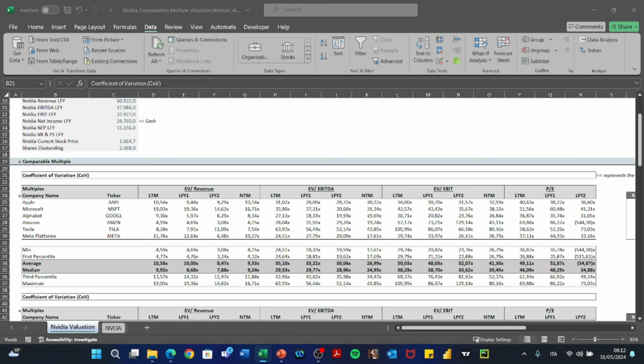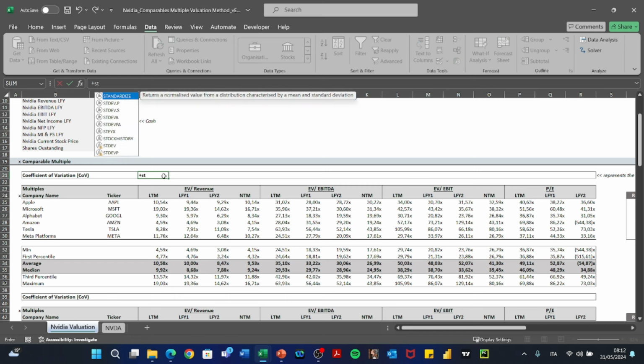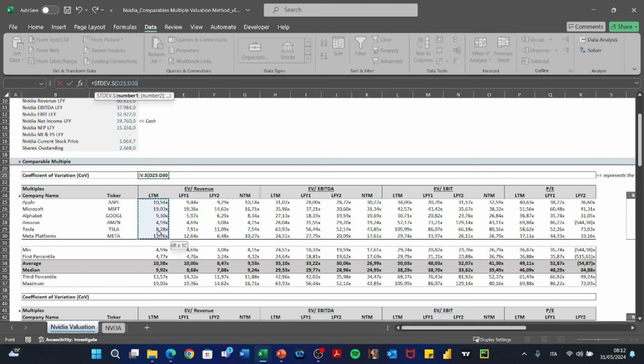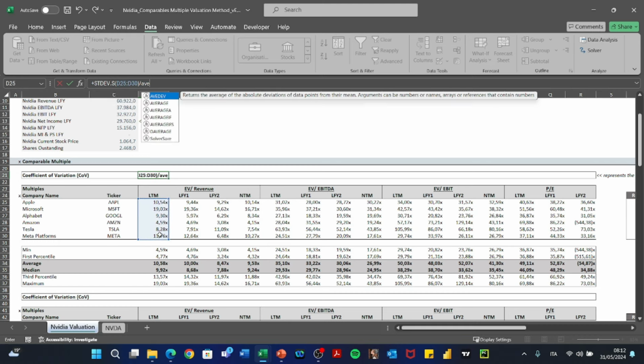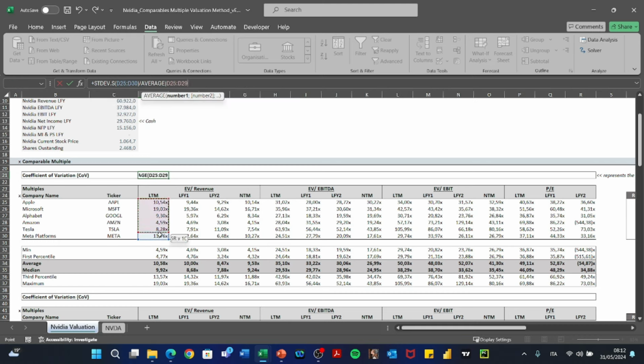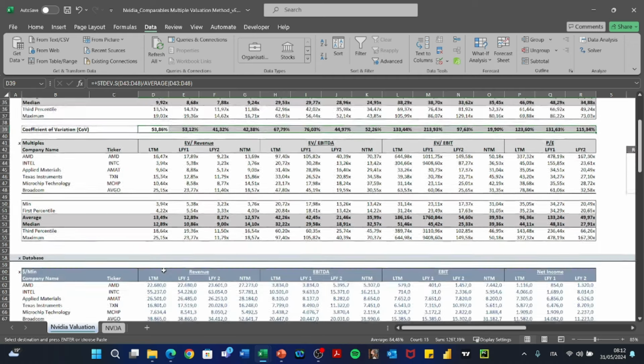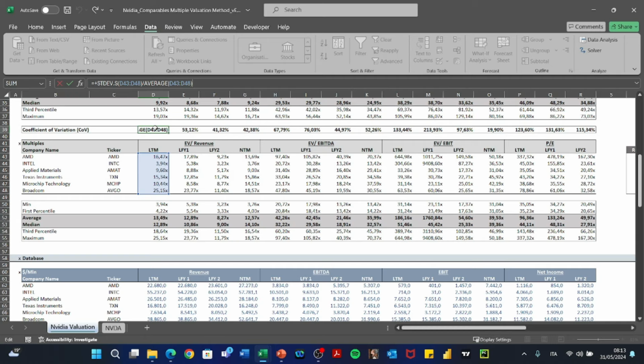In my opinion, a good value would be from 0 to 50%. I think it is quite good. The formula is standard deviation divided by the average. Okay, so Control C.